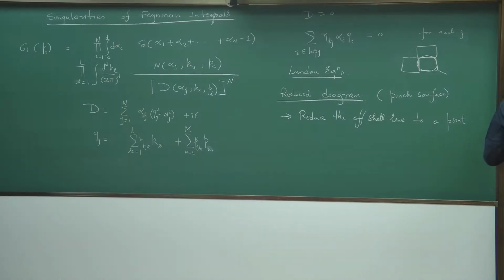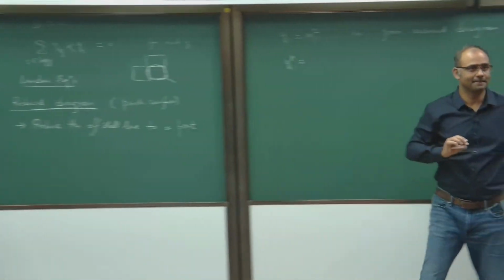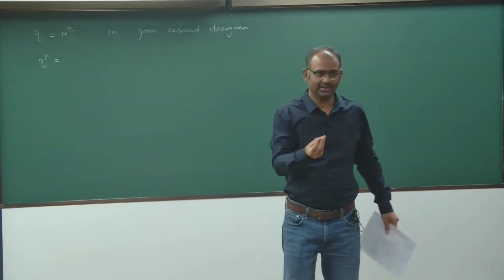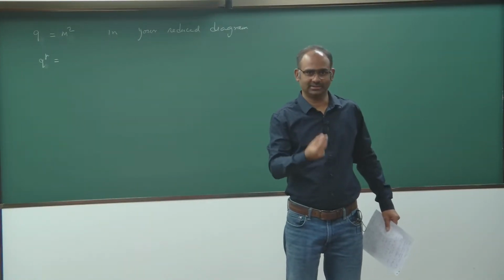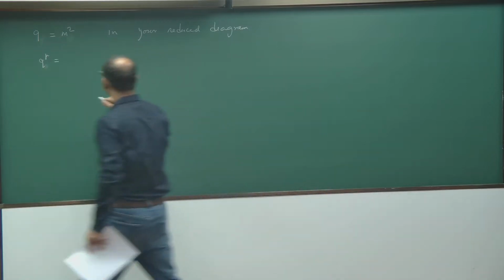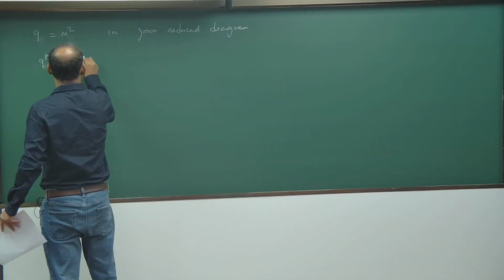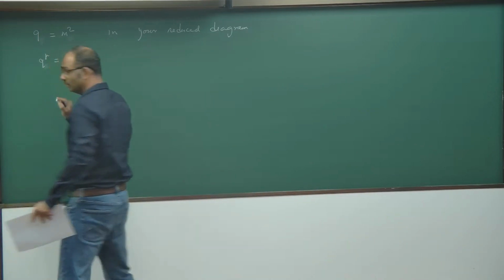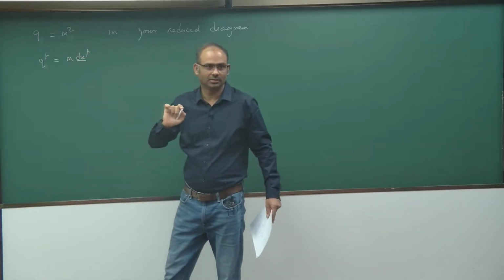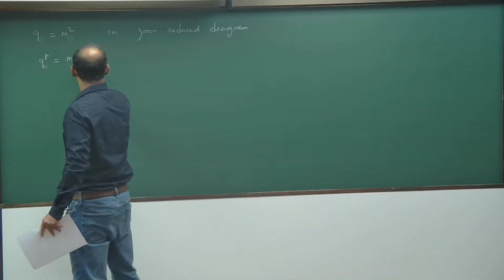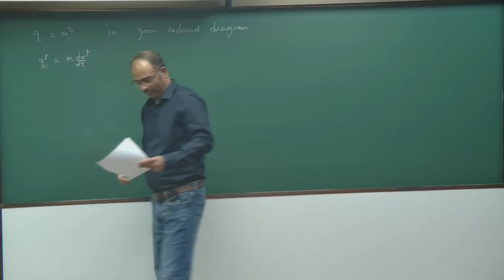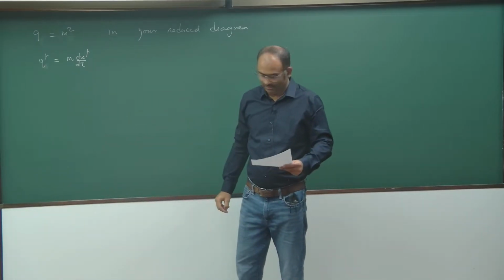Okay, let me drop the label if you wish. Q^mu I can write as, if it has a mass m, then its momentum is mass times velocity, okay, dx^mu over d tau. Very good.